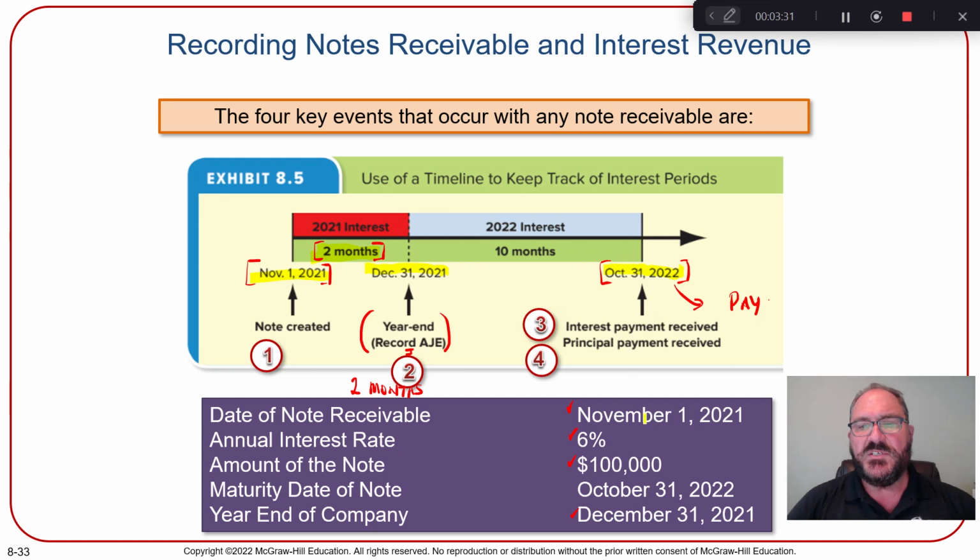So notice we started this note on November 1st, 6% interest, $100,000. Maturity is October 31st, the whole year, and the company's year end is December 31st. So what happens is we need these 2 months of interest in 2021, and these 10 months we need to show up in 2022. We're not going to collect it all until 2022, but we need to put it in the right time frame.